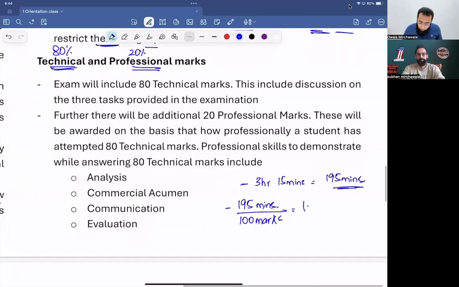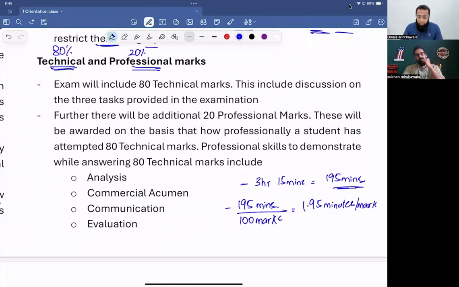So that brings up to 1.95 minutes per mark. Listen to me carefully. The SBL exam is of 195 minutes, and all of the exams are of 100 marks. So normally it would be 1.95, almost 2 minutes for a mark.